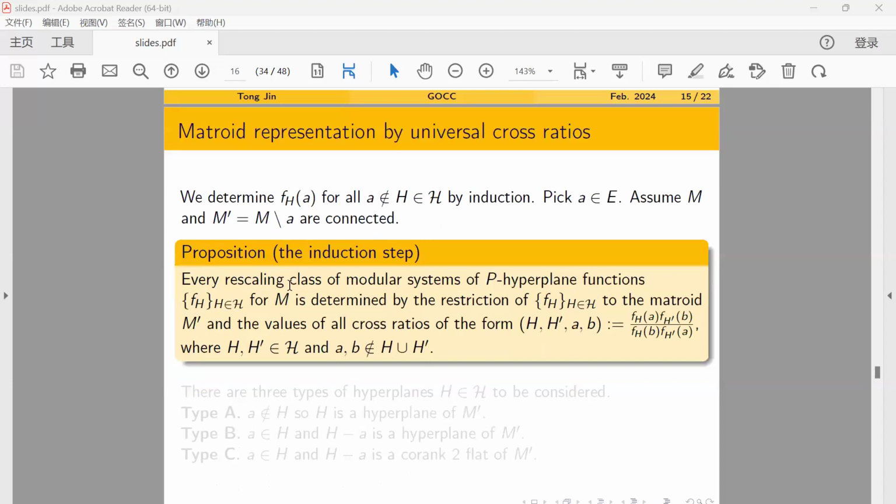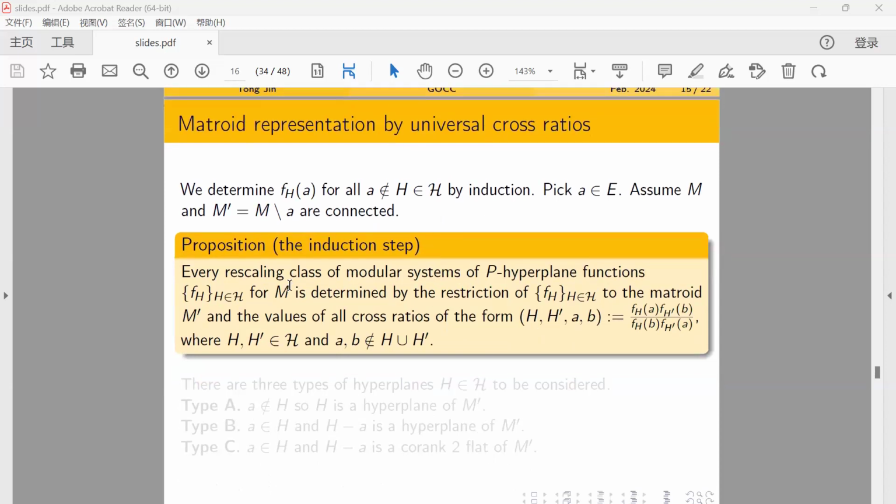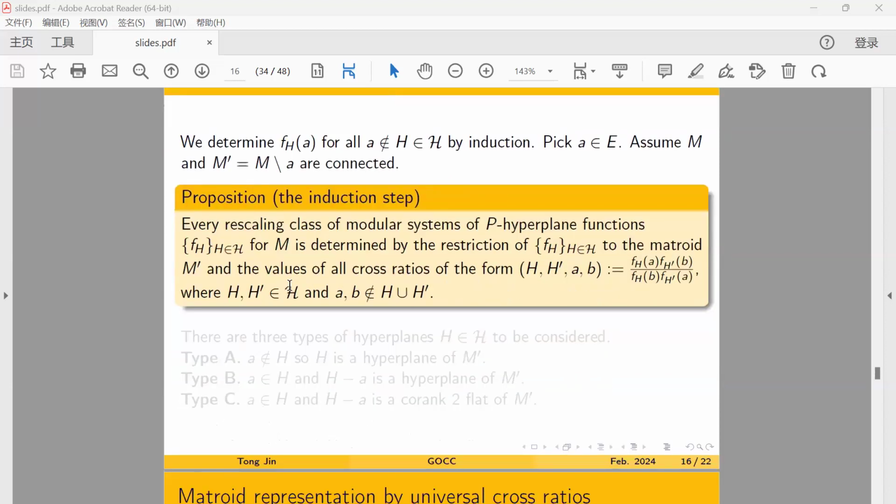Well, the proposition here is that every rescaling class of modular system of P hyperplane functions FH for the matroid M is determined by the restriction of this hyperplane function to the deletion M prime, and the values of cross ratios involving this separate element A. And well, it's just the induction step.